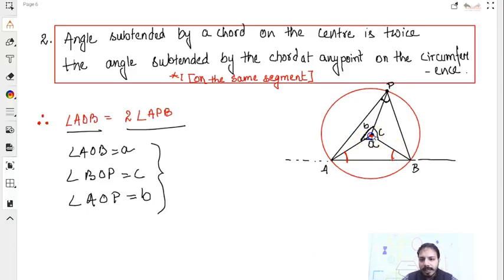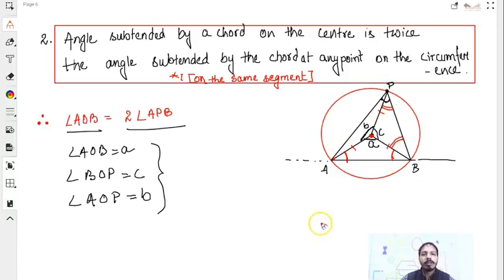Now if you see triangle OAB, this side is equal to this side, right? So this is an isosceles triangle, which means this angle is equal to this angle. Similarly, in triangle OPB, this side is equal to this side. So definitely this angle should be equal to this angle, right?